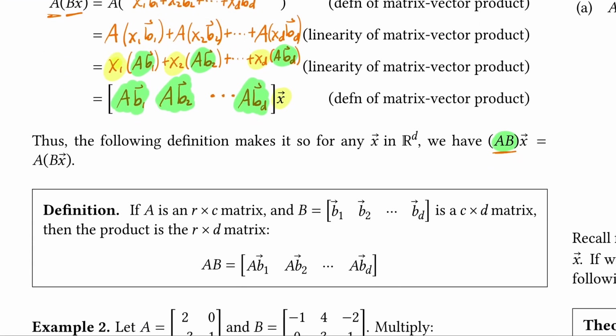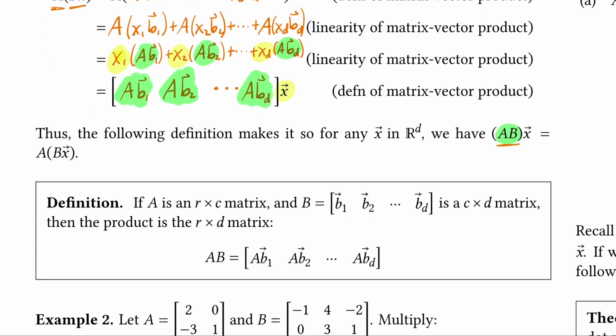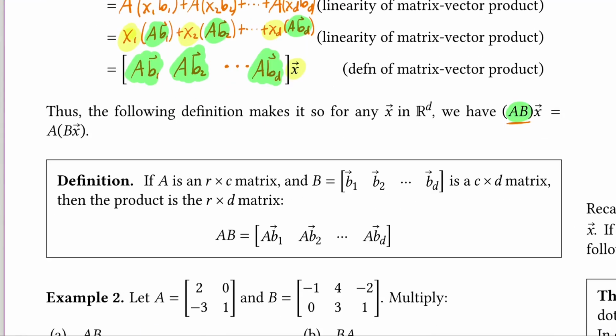Okay. So yeah, here's that definition that we're describing here. If A is an R by C matrix and B has these columns, each with C entries in them, then the product is the R by D matrix, where each of the columns is A times one of the columns of B. And remember, each one of these is a linear combination of the columns of A using entries in that column of B as weights.